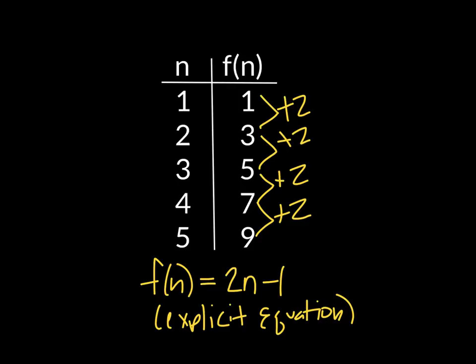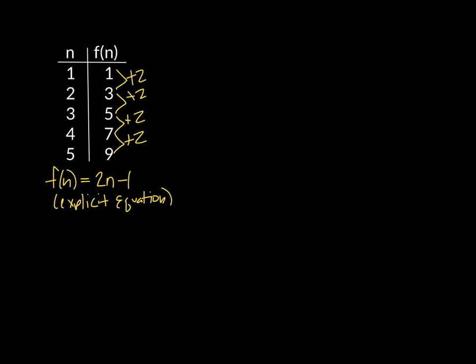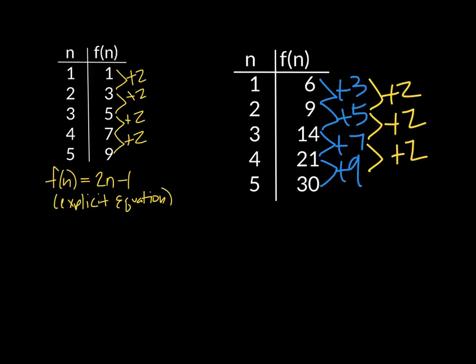Let's now relate that to some quadratic data and use it to find our recursive function. Here is our quadratic data. We know it's quadratic data because the first difference is changing. It's never the same. But the second difference is always the same, plus 2.